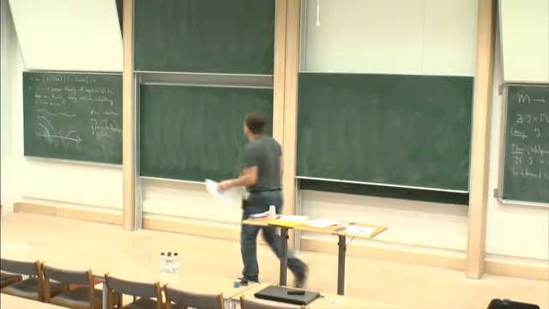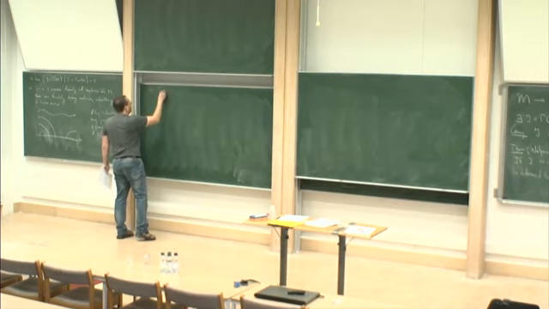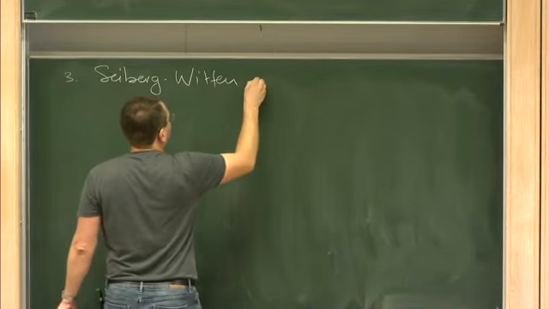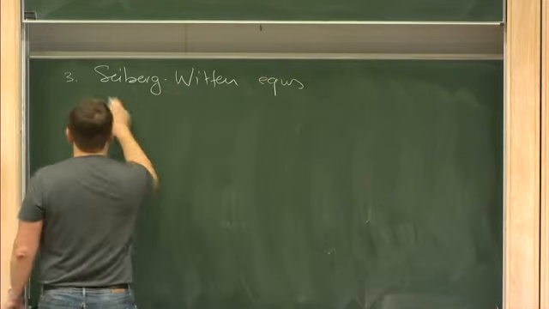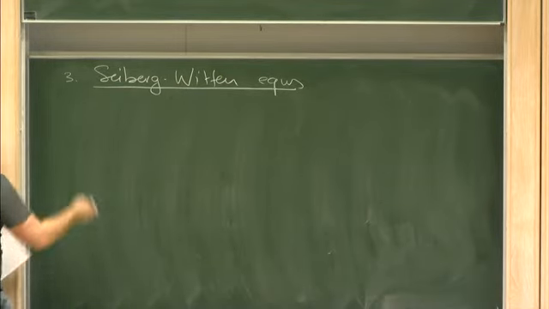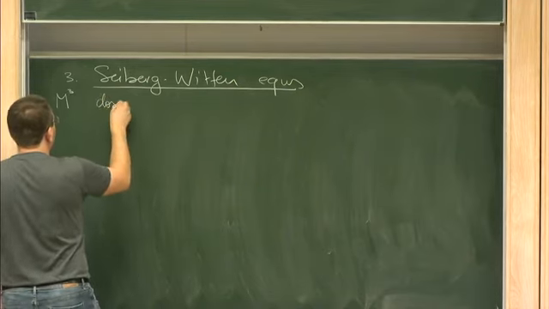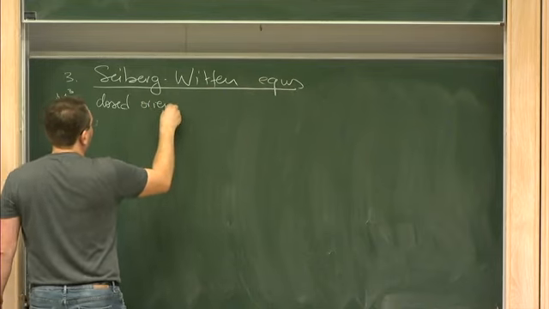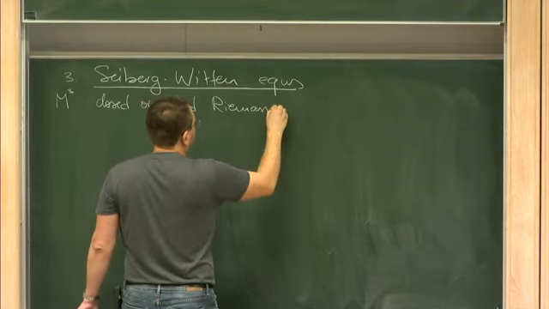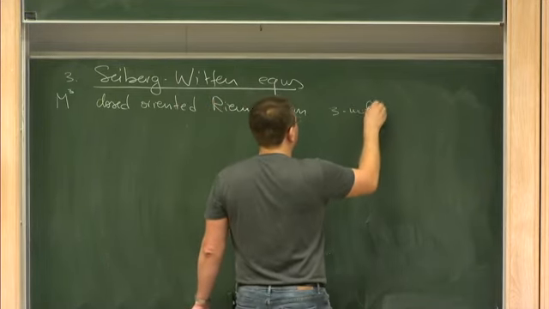Okay, so let's now move to the Seiberg-Witten equations. For this, you don't need to have any G2 structure, so you just start with an arbitrary closed oriented Riemannian 3-manifold.